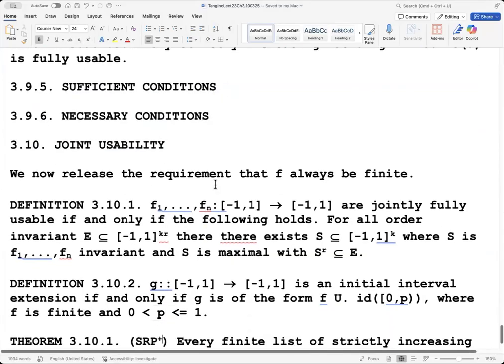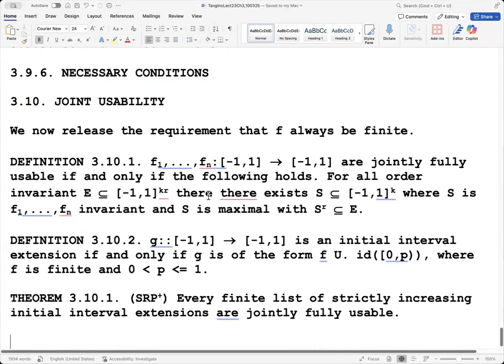So let's release the requirement that F always be finite. Joint usability means I have a bunch of functions. It means that every order invariant constraint has a maximal invariant set that's simultaneously invariant with respect to all the functions.